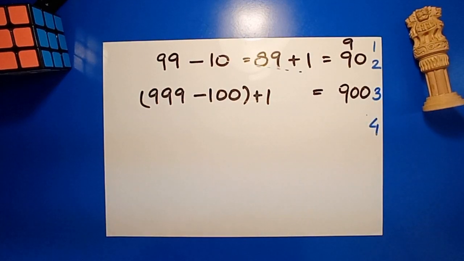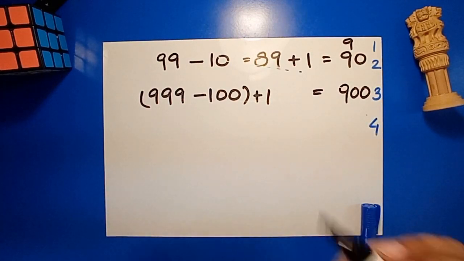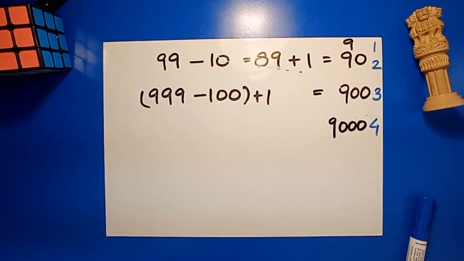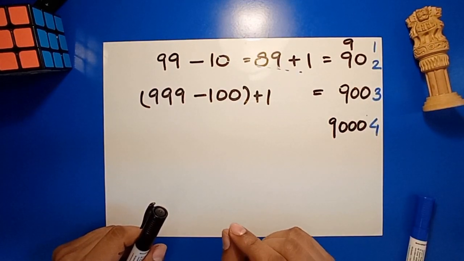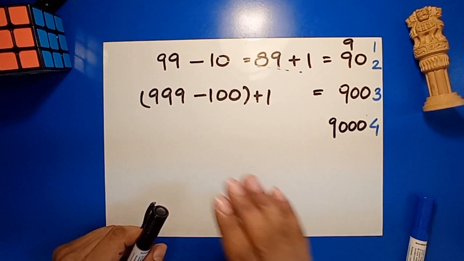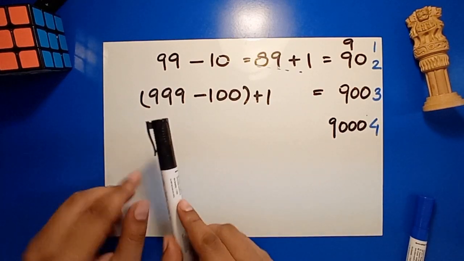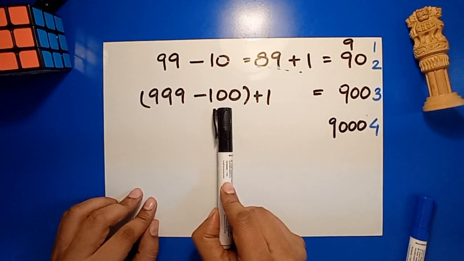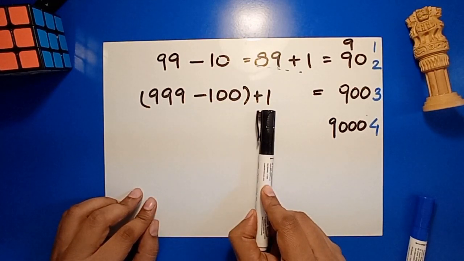How many four digit numbers? 9000, and so on. So we see a pattern, right? This is how we can calculate how many two digit, three digit numbers there are by taking the largest number, subtracting from it the smallest number, and adding 1.